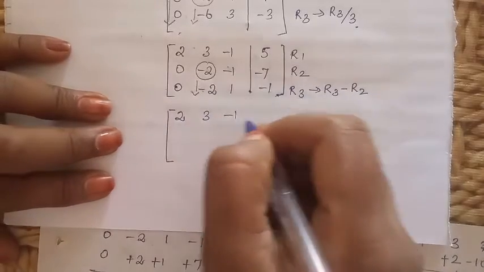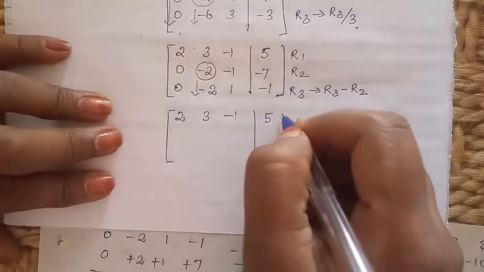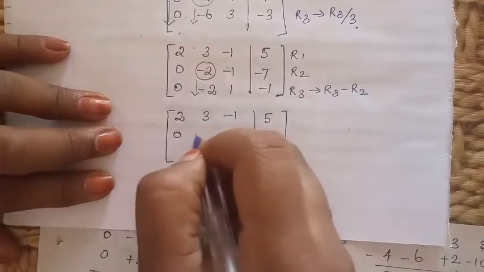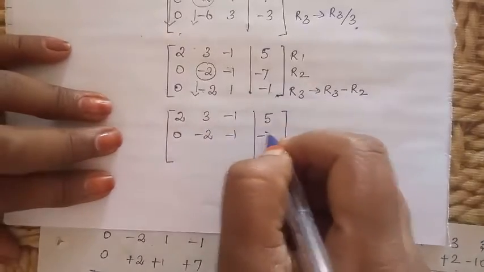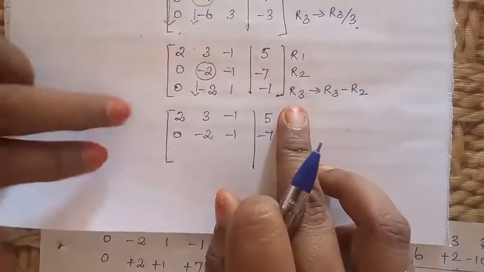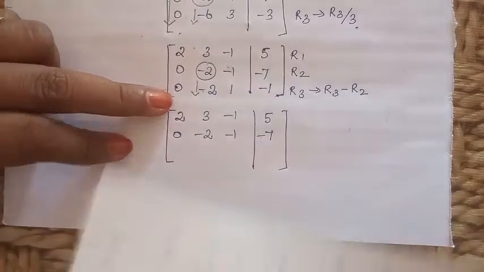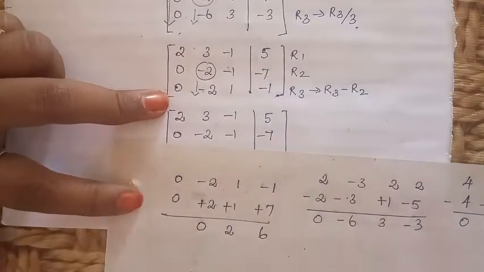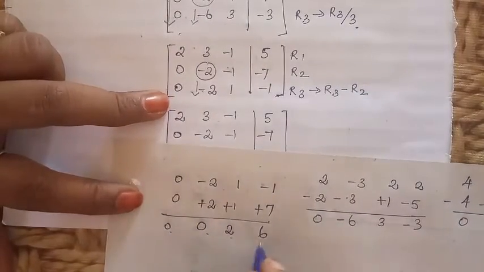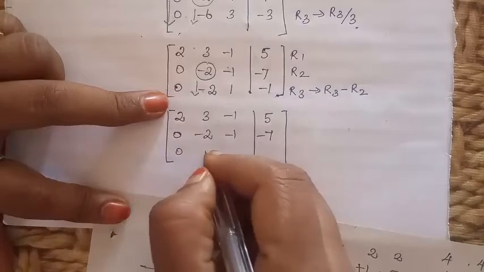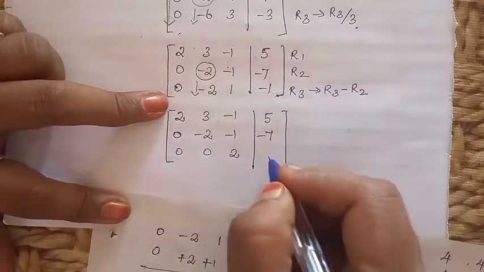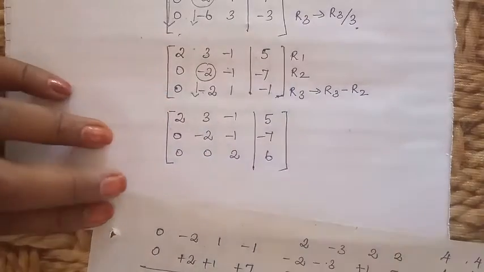2, 3, minus 1 and 5, 0, minus 2, minus 1 and minus 7. Only the third row has been modified. So the new value is 0, 0, 2 and 6.